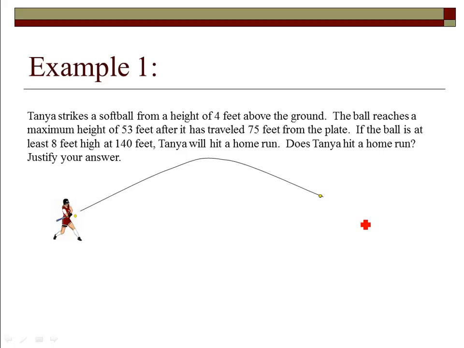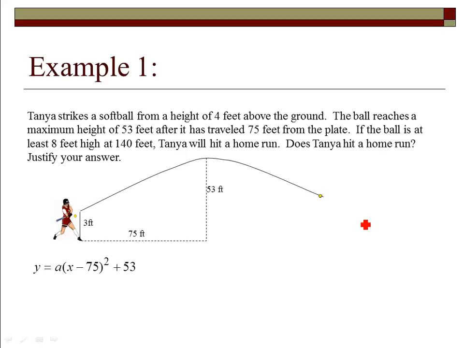So let's get our information from the problem. First of all, we know she hits it at a height of 3 feet above the ground. And when it's traveled 75 feet down the fairway, it reaches a height of 53 feet, 75 feet away from the plate. So this tells me I have a vertex at (75, 53).